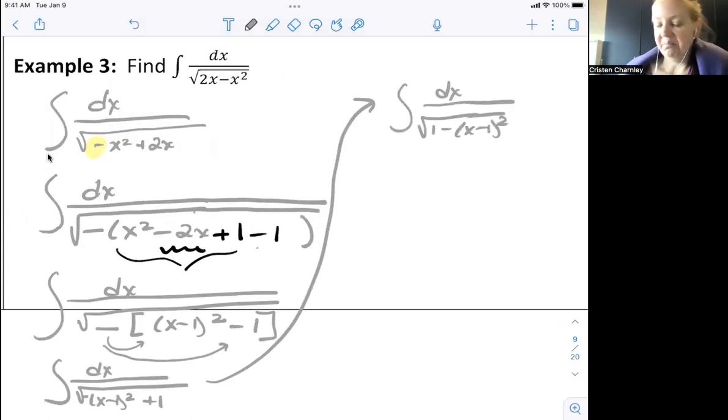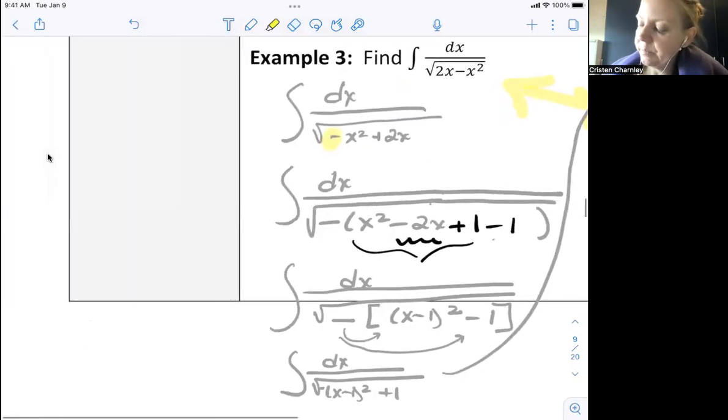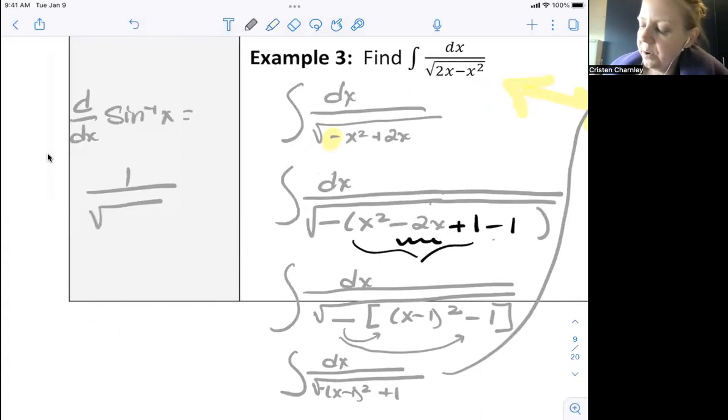Now, does this look a whole lot better than what we started with? No, not really. But we should be able to recognize that it belongs to one of those inverse trig functions. So if you remember, the derivative of inverse sine of x is 1 over the square root of 1 minus x squared.